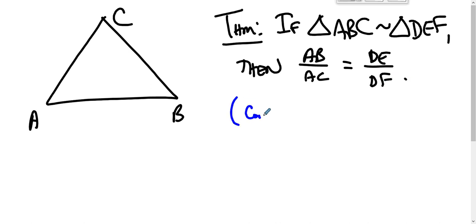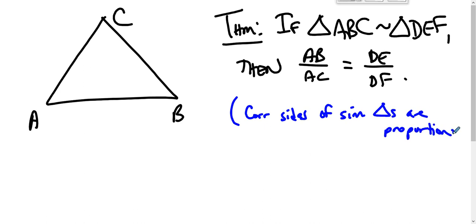You would have learned this in high school as corresponding sides of similar triangles are proportional. And this makes sense. How do we prove it?